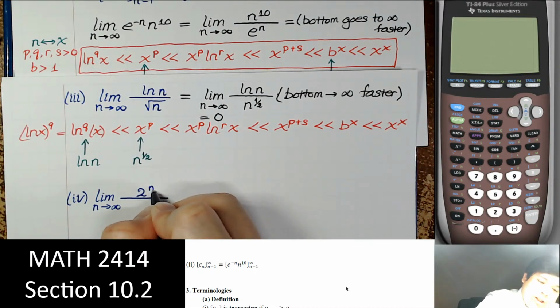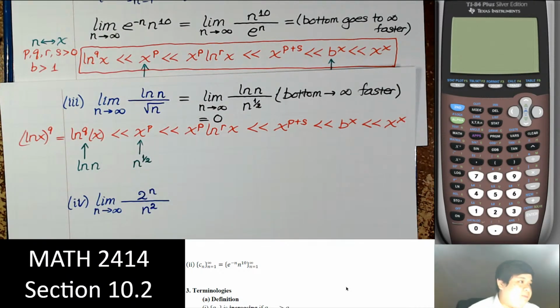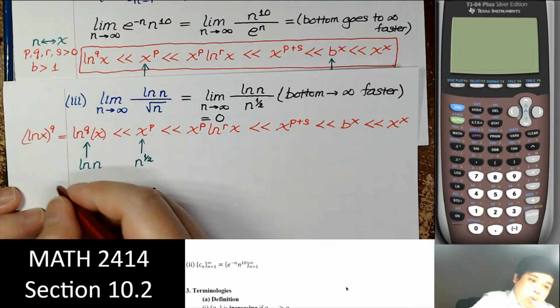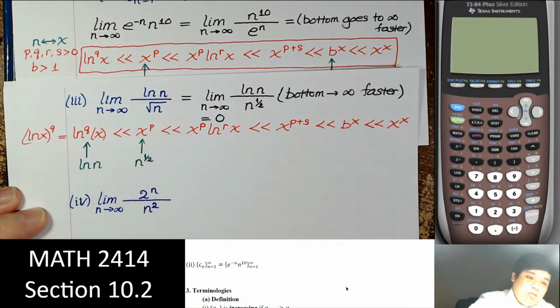2 to the n over n squared. So, which one of those on what list?